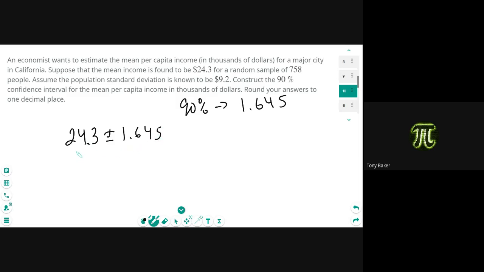That's your Z. So this is my mean plus or minus the Z, times my standard deviation divided by the square root of the sample size. So this is 9.2 divided by the square root of 758.